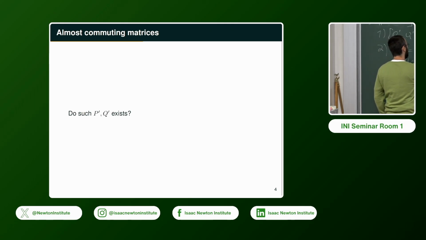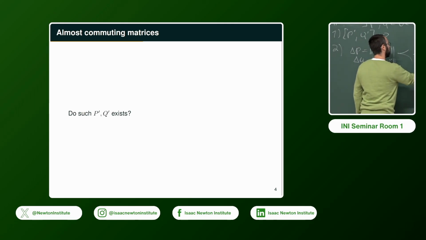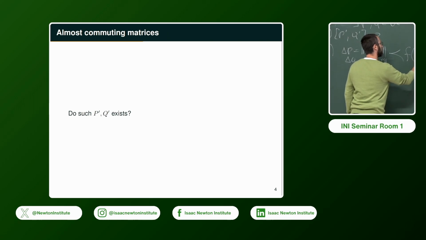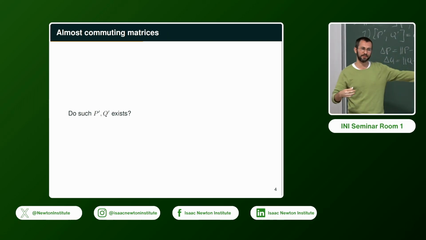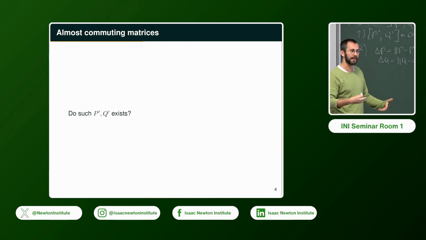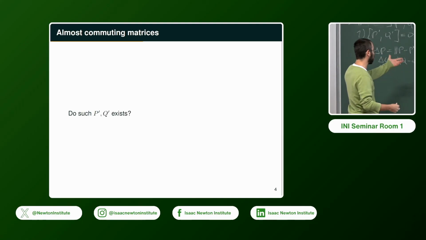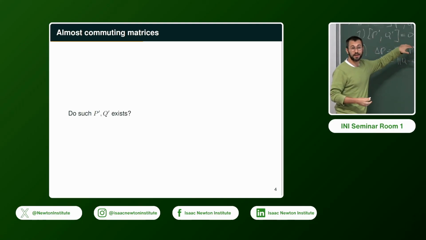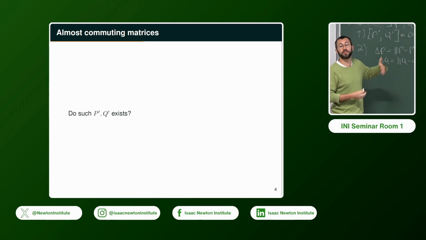So let's just say less than maybe a function of 1 minus omega, some function, of course, that decreases as you go to 0. But I don't want to specify any quantitative aspects of it, because we'll show now that in this setting, such p prime and q prime don't exist whatsoever.